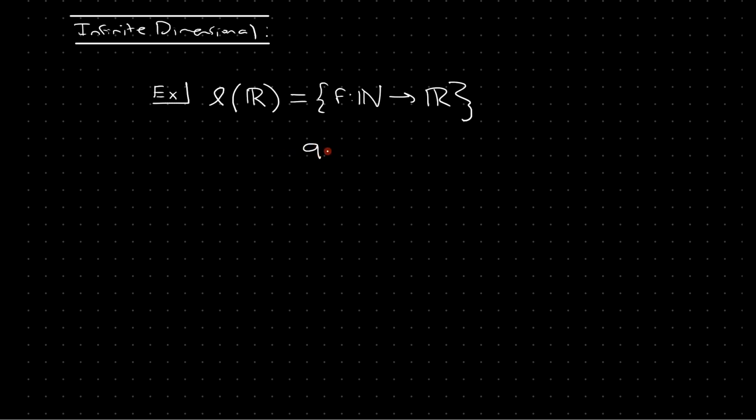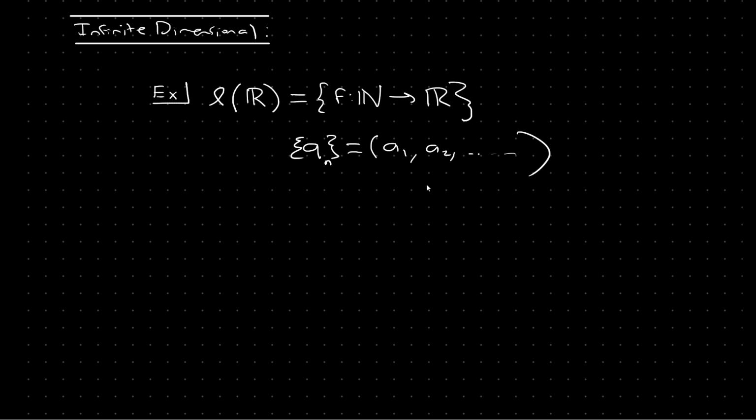So a sequence a_n is an ordered list of infinitely many values from your underlying field. In this case, a1, a2, all the way up to infinity.